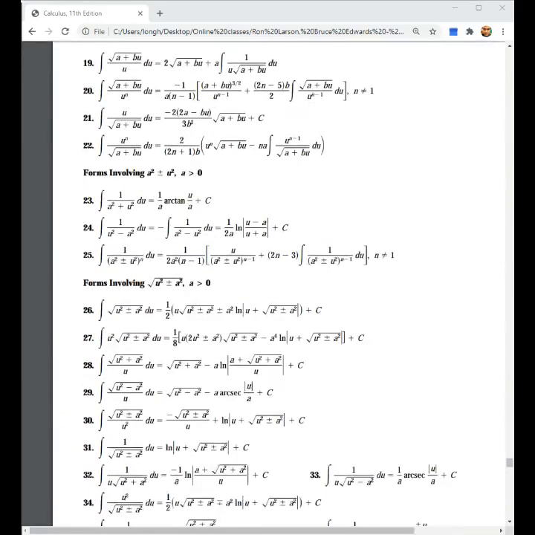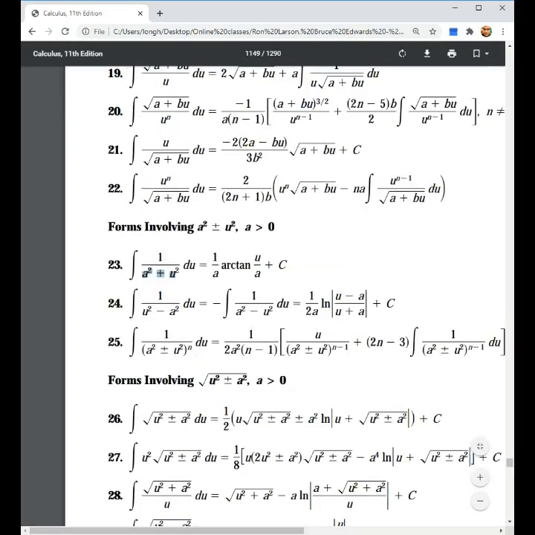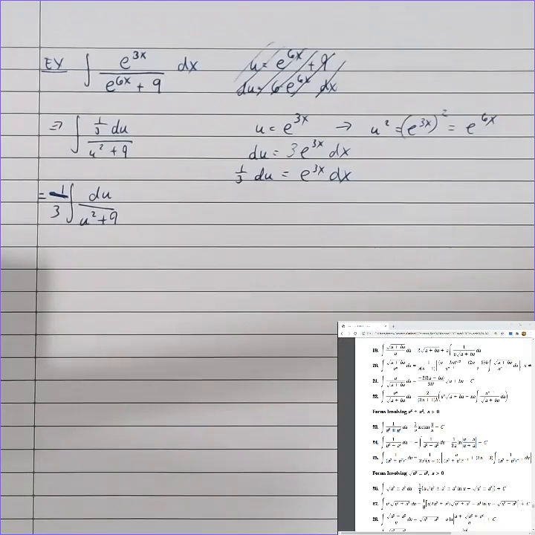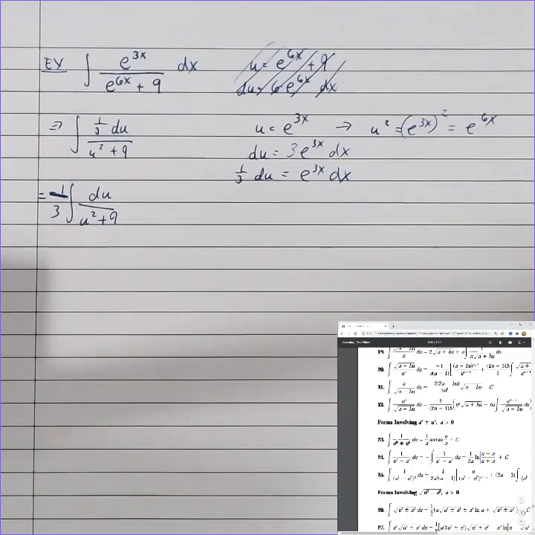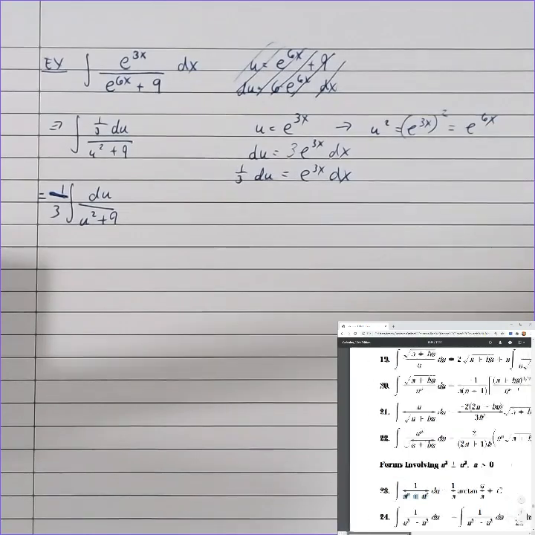Let's see. Here we go. Quadratic where you have a variable plus a constant. In fact, that's this one right here. I have variable squared plus constant squared. So, I have that one there, which, let's see, can I blow that up any further? Yes, I have that right there.